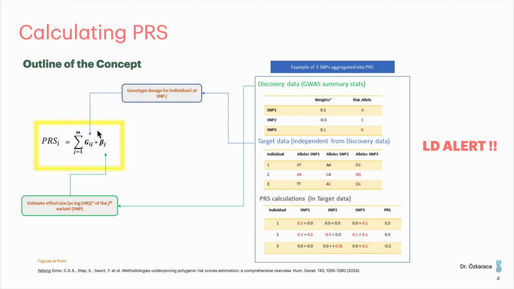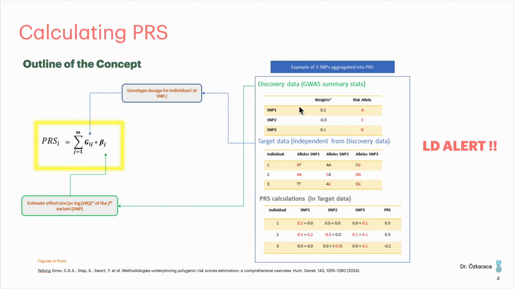And we take these values for different parts of the genome and we aggregate them into a single score for each individual. And one important remark when we are calculating polygenic risk scores is that we take the effect size estimates from something called a discovery cohort. Whereas when we calculate the polygenic risk scores, we calculate them for something called a target cohort, which is independent from the discovery cohort. So we have GWAS results from one cohort, and then we calculate the polygenic risk scores on a different cohort.